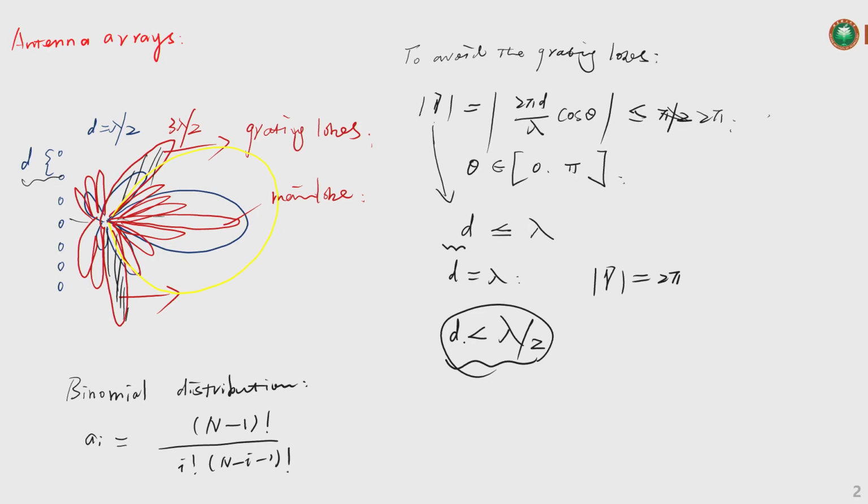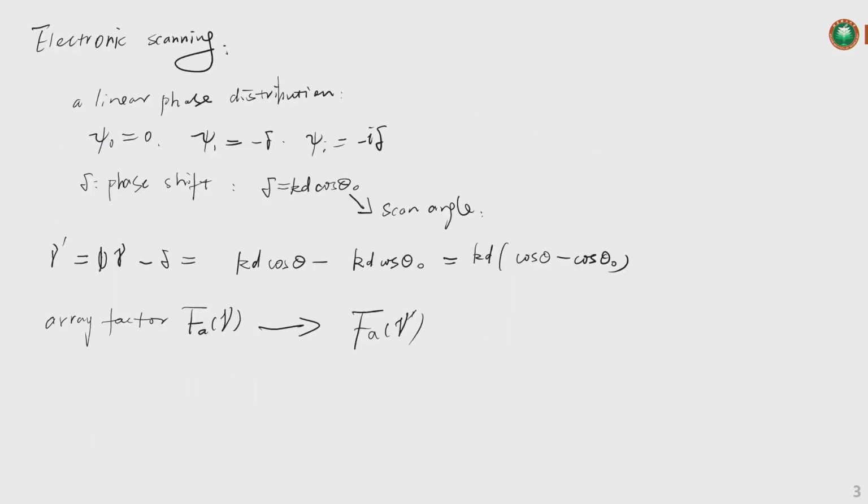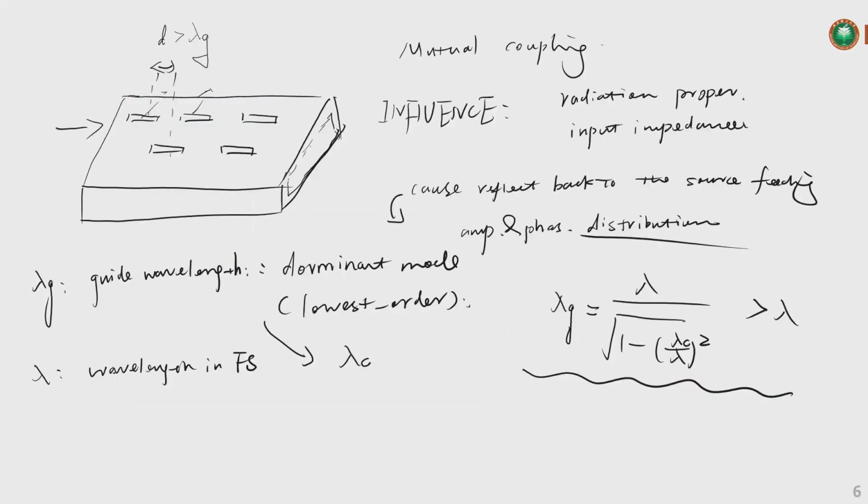Roughly, it should be smaller than one wavelength in free space. So we want to choose the separation d smaller than lambda to avoid grating lobes.